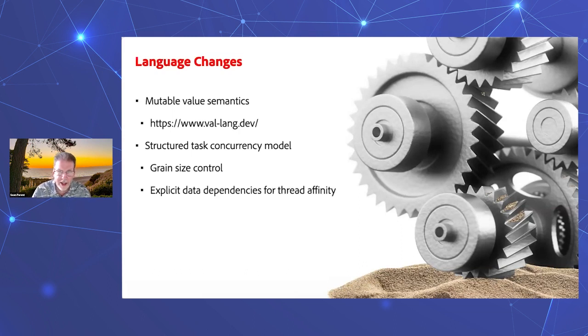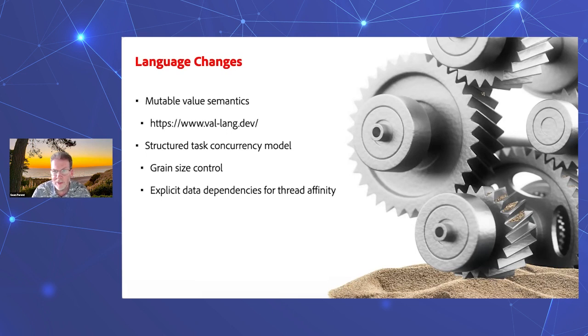So another area where we don't have good answers right now is around having explicit data dependencies for thread affinity. If I have two tasks which are sharing data, they might be split into two tasks instead of just one large task, because I'm trying to optimize for latency, not just throughput.